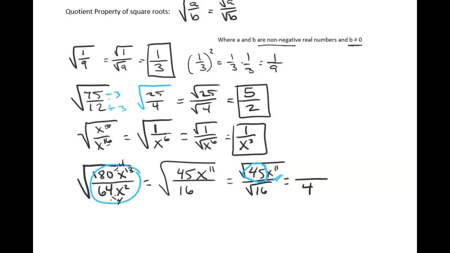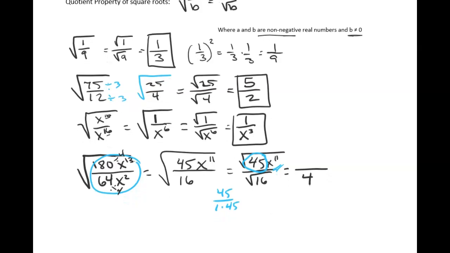I'm going to look at the number first. I'll take that number 45 and start looking at its factor pairs until I find a perfect square as a factor. So 1 times 45, 3 times 15, no perfect squares yet, and 4 doesn't work. 5 times 9. All of a sudden, as I'm going down looking at the factors, I find a perfect square factor.